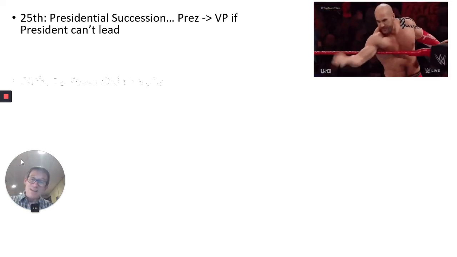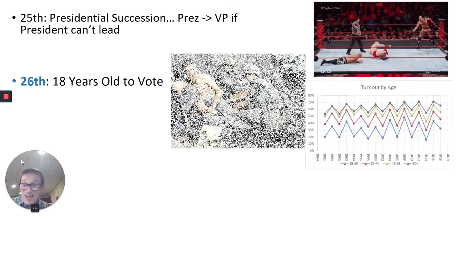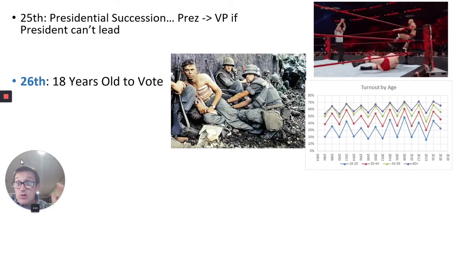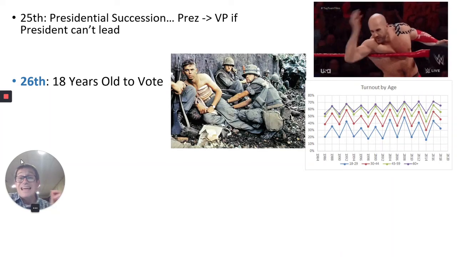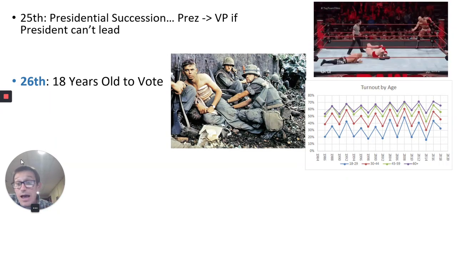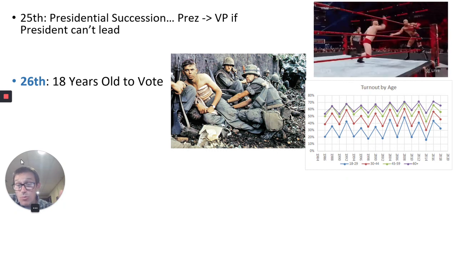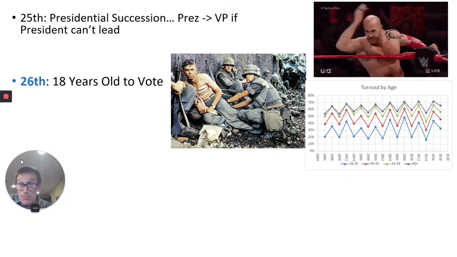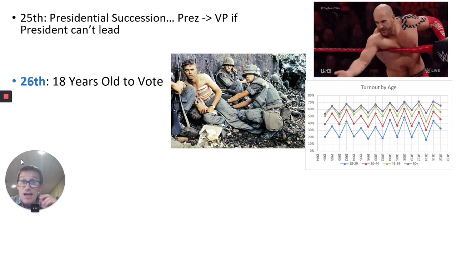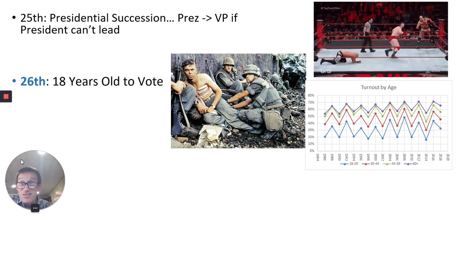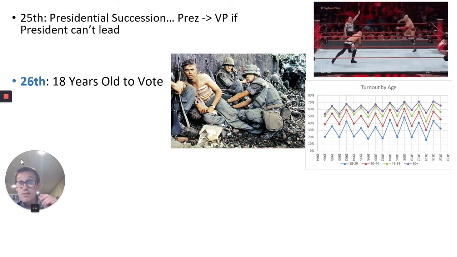Right? Now, the 26th Amendment comes to us by the 1970s. In the 1970s, a major war is going on, the Vietnam War. One of the ironies of the Vietnam War was that many 18-year-olds, not much older than yourself, in the late 60s and 70s were being sent off to fight in the Vietnam War.